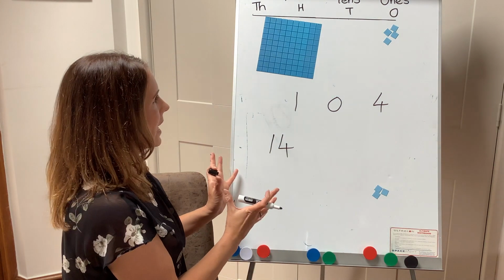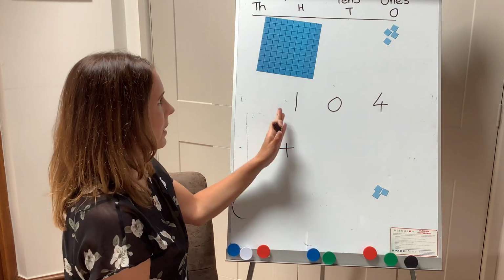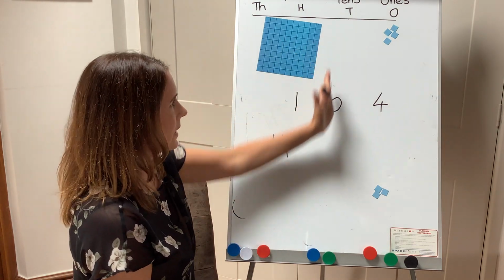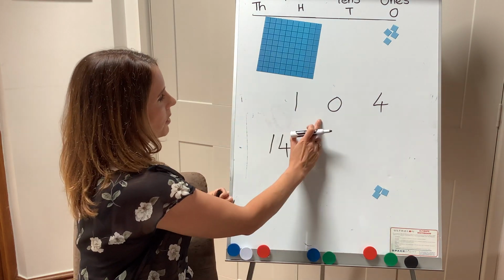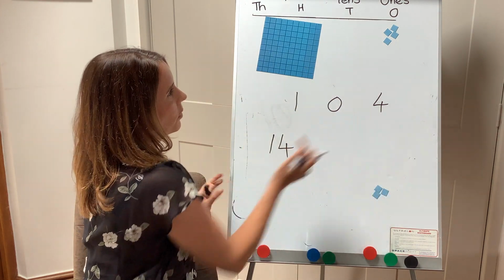And that's a common mistake to make. It looks like 14, but it's not, because 0 is holding the place of the tens, because there are no tens there. So we've got 100, no tens, and 4 ones.